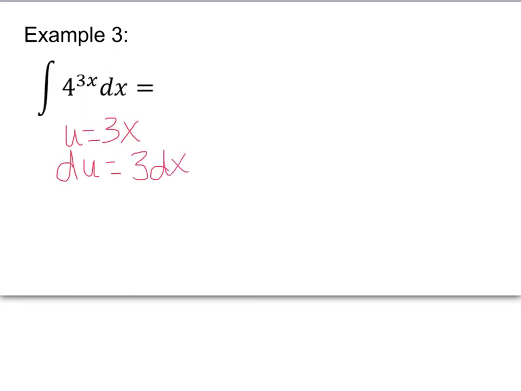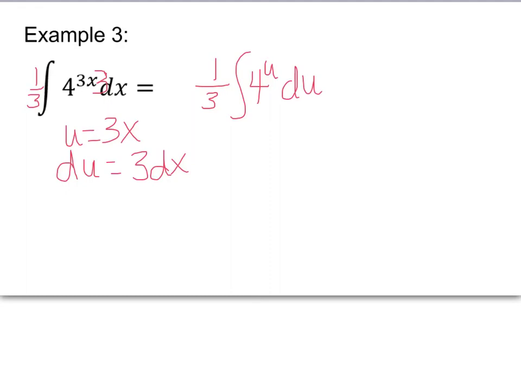So in our formula we have the dx, but we do not have the 3. So if I'm going to adjust this and put the 3 in with the dx, then I need to put a 1/3 in front of my integral. So when I rewrite, I now have 1/3 the integral of 4 to the u du.